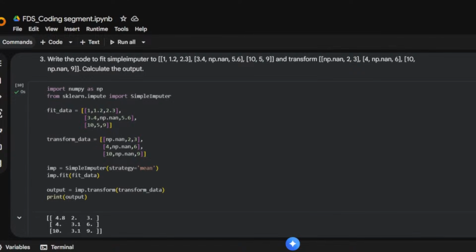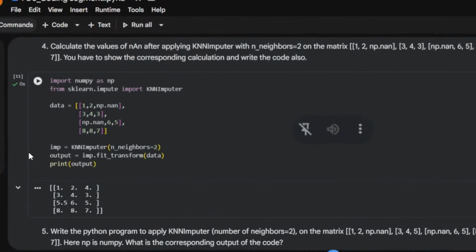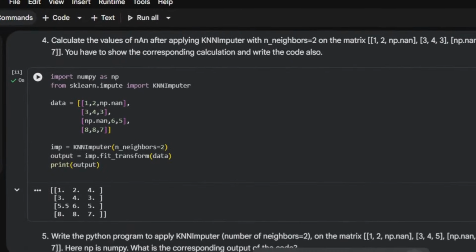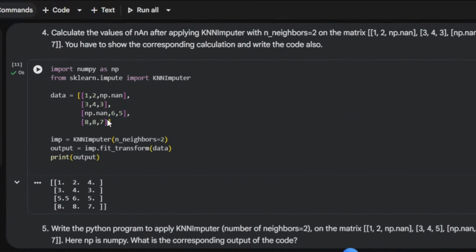Let's move to the next question. Okay, in this question we are using KNN imputer. In the previous question we imported simple imputer; here we are importing the KNN imputer. Not much of a difference. Data, and then imp equals KNNImputer, n_neighbors equals 2. In the previous questions we did simple imputer with strategy equals mean.